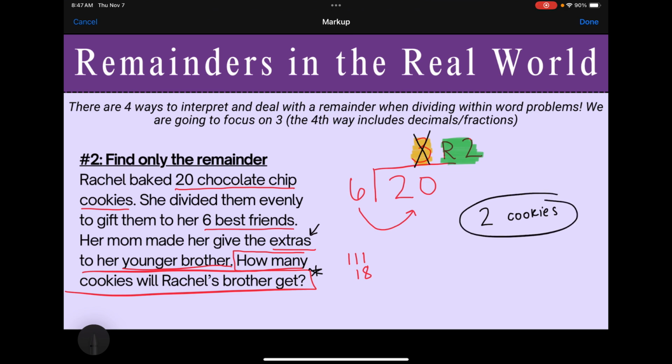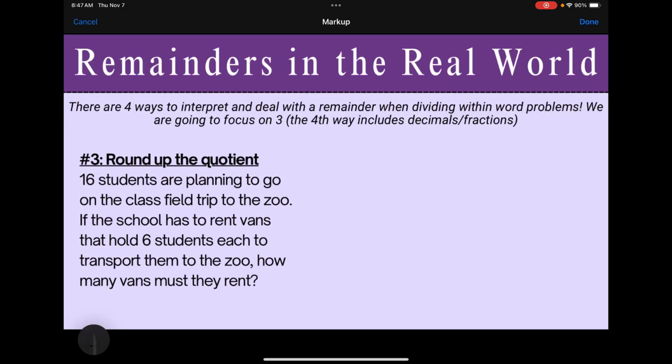There's one last way that we can interpret a remainder. Let's get to it. The last way to interpret and understand a remainder in a division problem is to round up the quotient. The answer to the division problem gets rounded up. 16 students are planning to go on the class field trip to the zoo. If the school has to rent vans that hold 6 students each to transport them to the zoo, how many vans must they rent?